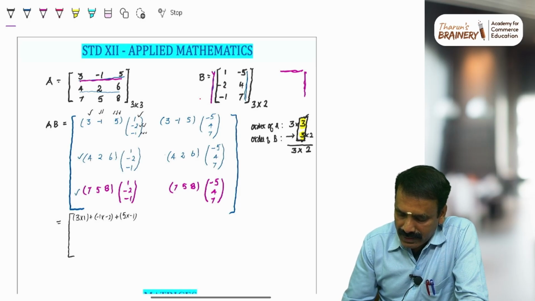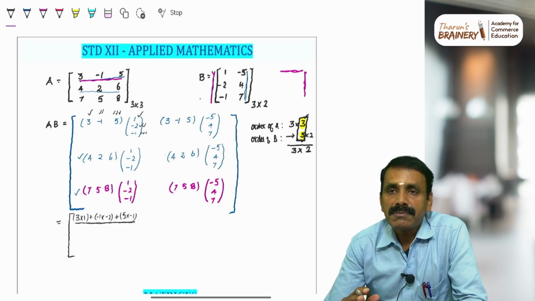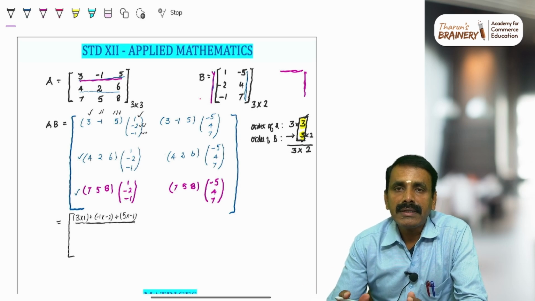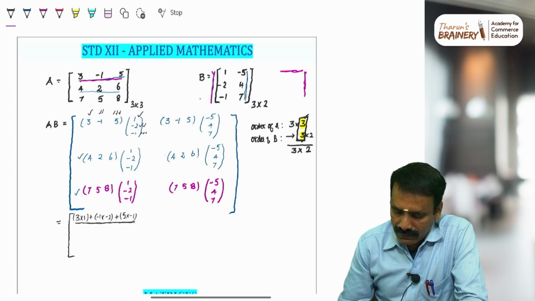First element is multiplied with the first element, second element with the second element, third element must be multiplied with third element, and they are added together. They must be written as a single element. We are not supposed to split and write. We have to write it together, intact, by the symbol plus. Is it clear? So I found out the first element.